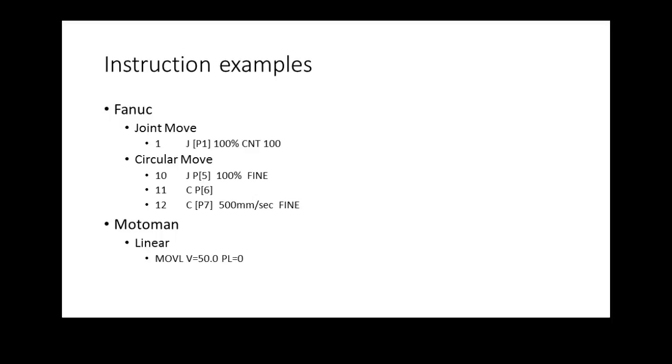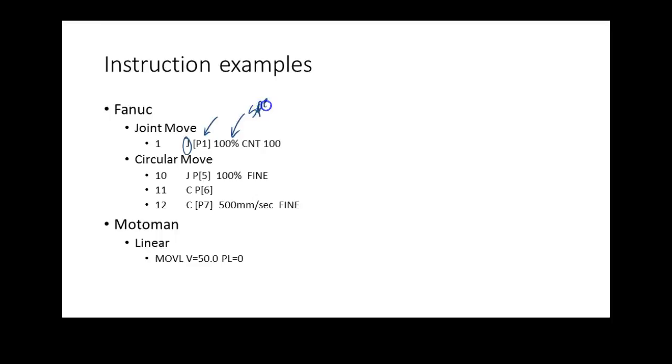So this would be an example of a circular move. A joint move for the FANUC. So we start off with J. What does J mean? It tells the FANUC I'm doing a what? It tells it I'm doing a joint move. What's a P1? What do you think that would be? That would be the point number, right? What's this right here?